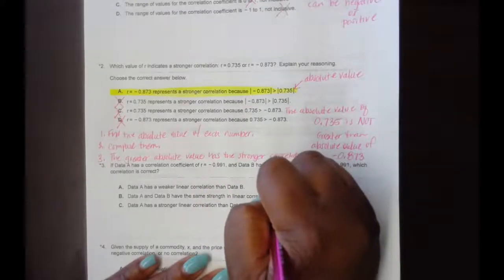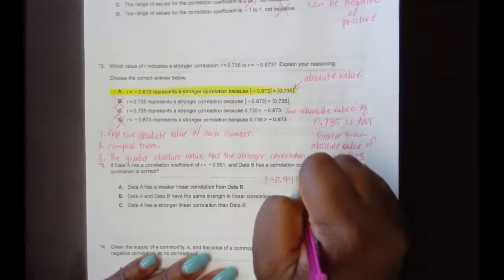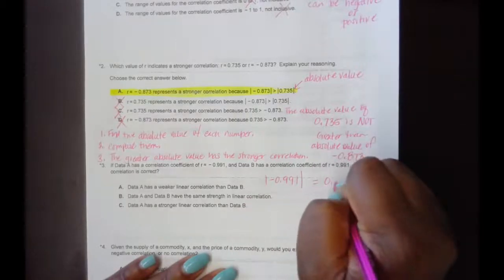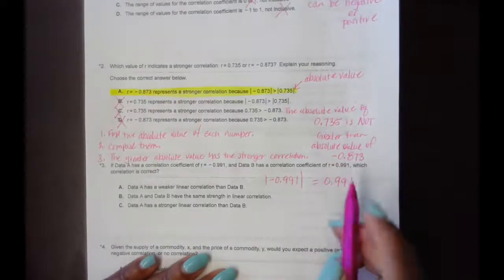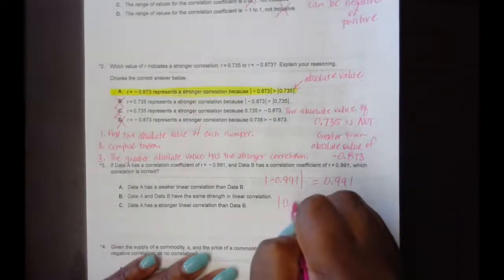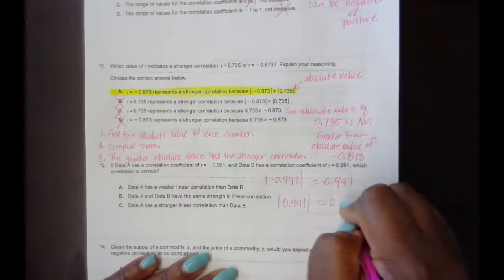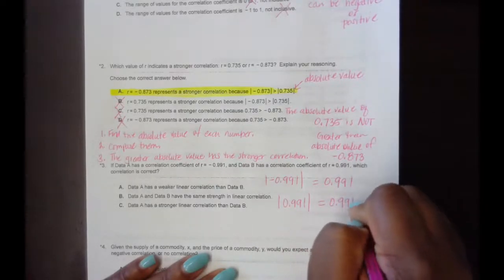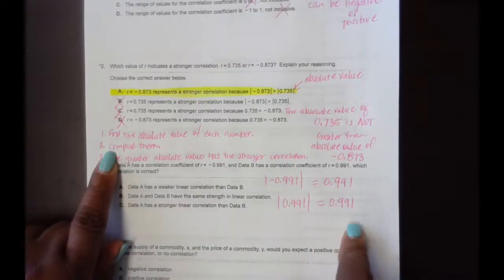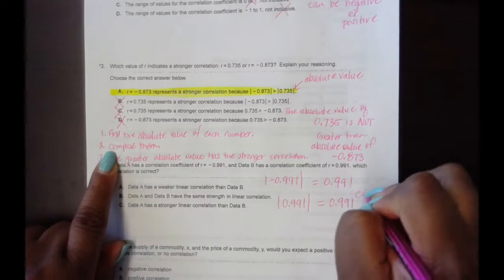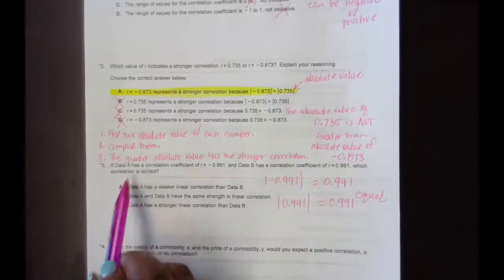What is the absolute value of that number? It will be positive 0.991. What is the absolute value of 0.991? It will be 0.991. When I compare them, just like we said here, they are equal. So that means that their correlation is equal.